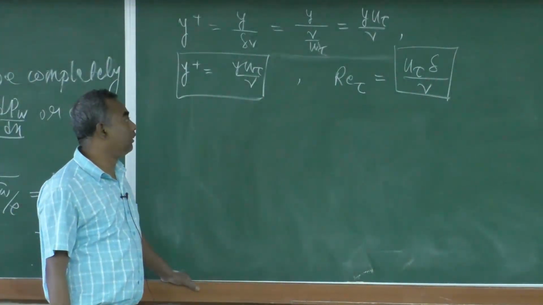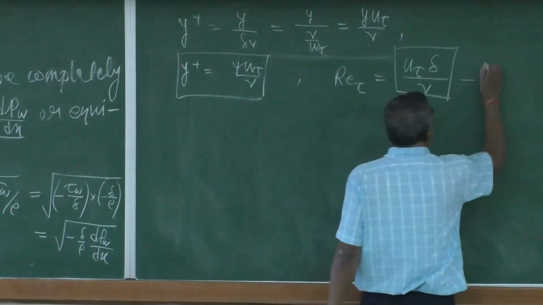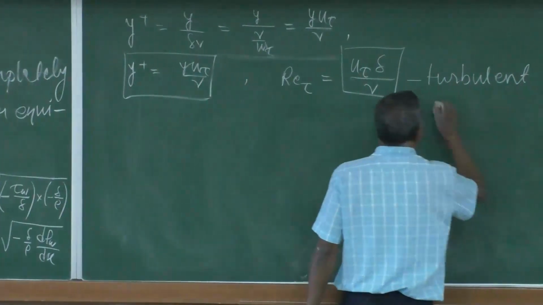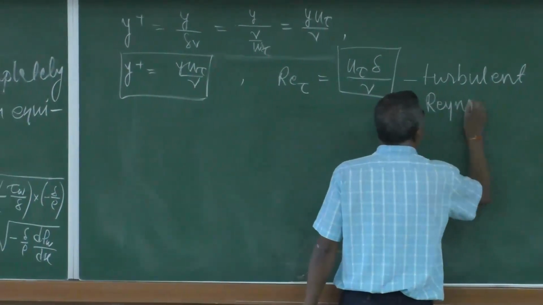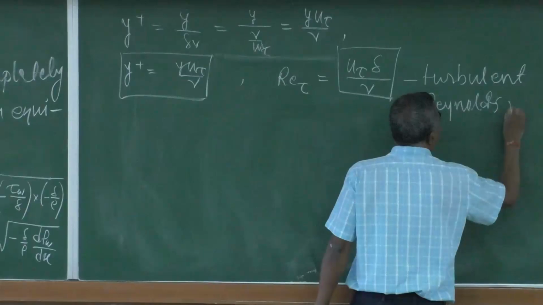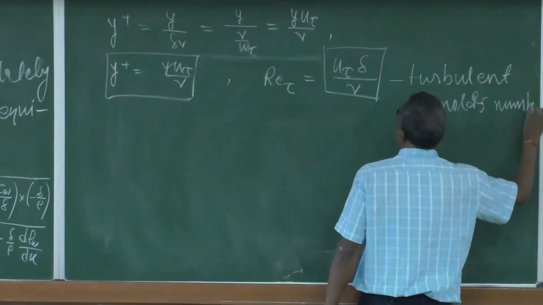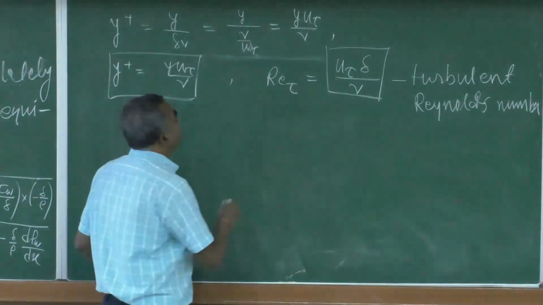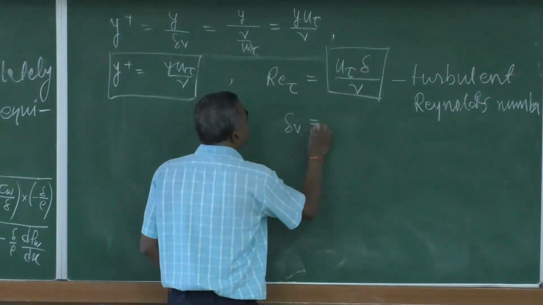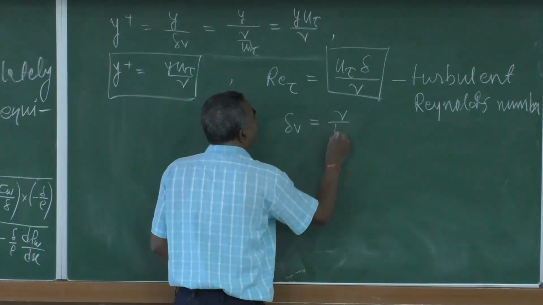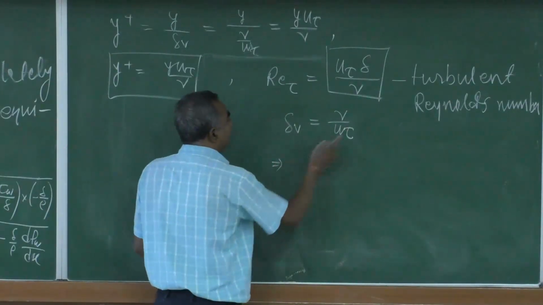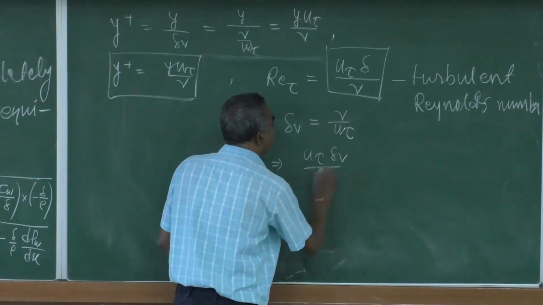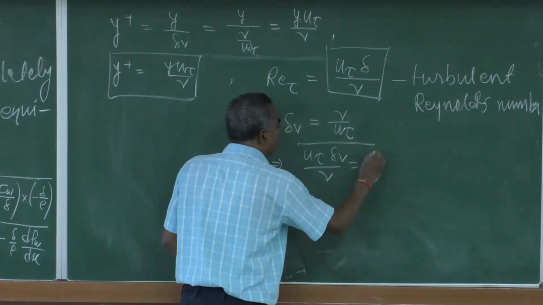And since delta V is equal to nu by u tau, the Reynolds number based on u tau and delta V, that is u tau delta V by nu, is 1.